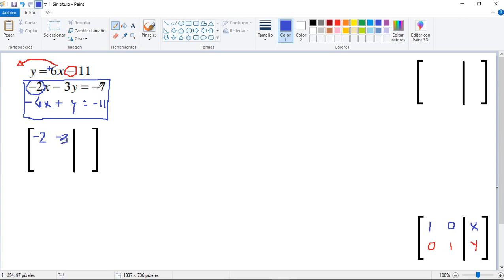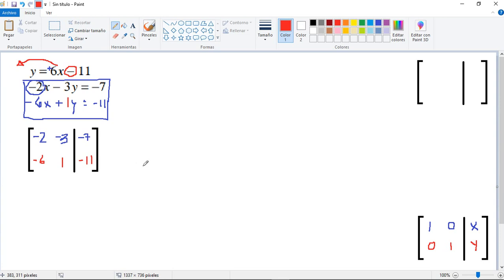And negative 7 in here. Now we're going to copy the numbers in the bottom equation. Here, negative 6. Here, there is no number. Remember, when there is no coefficient, actually the coefficient is 1, and it is positive. And negative 11.